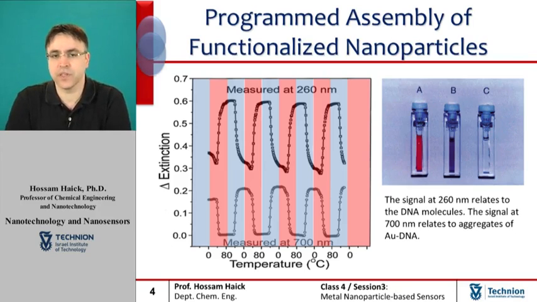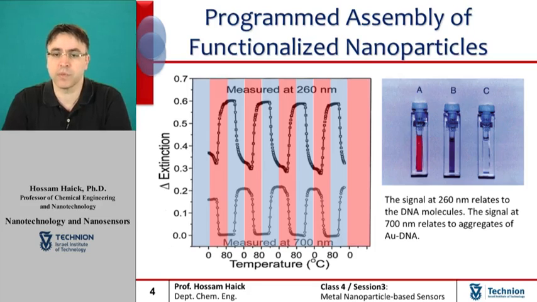As seen in the left figure, when heating the solution to around 80 degrees centigrade, the target DNA dissolves in the solution, and its related signal at 260 nanometers increases. In a similar manner, the aggregates dissolve back to nanoparticles, and the aggregate peak at 700 nanometers decreases.